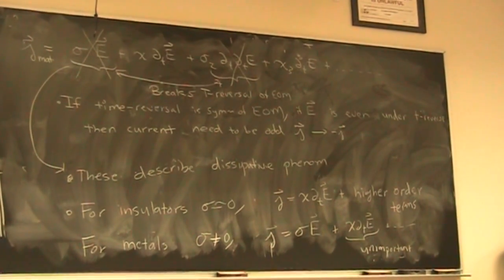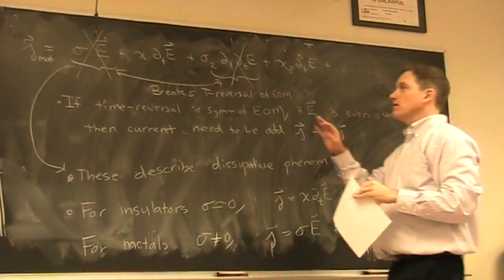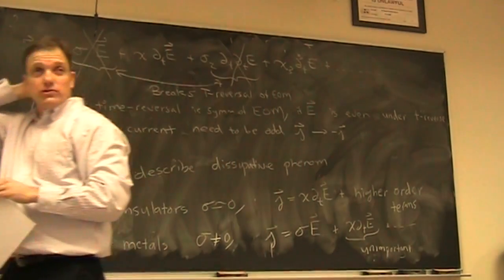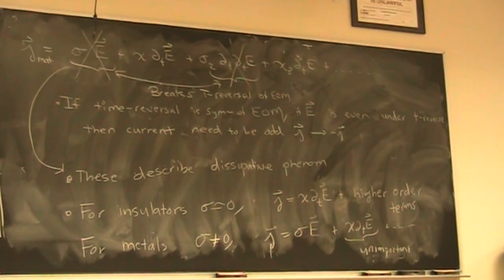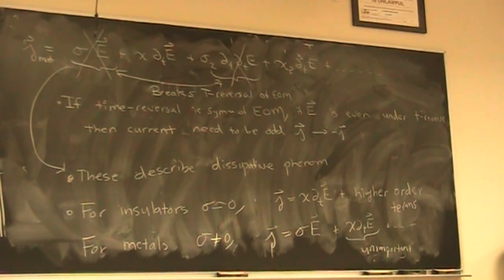Okay. As we maybe justified a little bit last time, the higher order terms will be suppressed by the ratios between the microscopic time scales and the macroscopic time scales. Each higher term in this derivative expansion will be smaller and smaller.